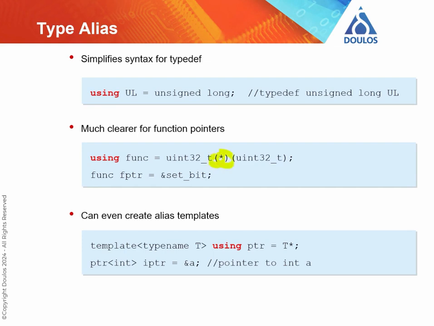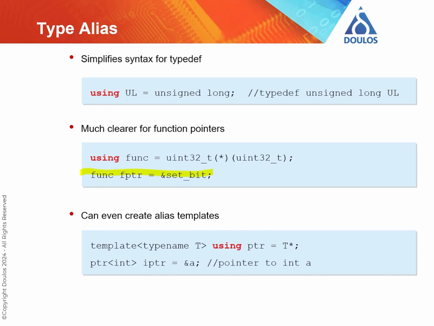It's a pointer to a function that takes a single uint32_t argument and returns a uint32_t result. Well, that matches the setBit function that we saw on the previous slide. So on the next line, we're using our type declaration here, func, to create a variable fpointer, which holds the address of our setBit function.